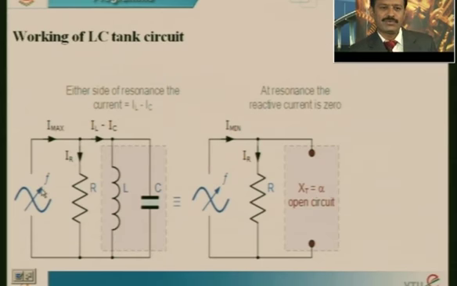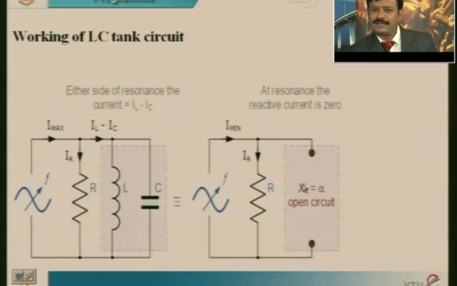Here, with the supply voltage, current IR flows through the resistance, and if you take L and C together, the resultant current will be IL minus IC, because both currents are flowing in opposite directions. Finally both will cancel each other at resonance, and reactive current is 0 here.